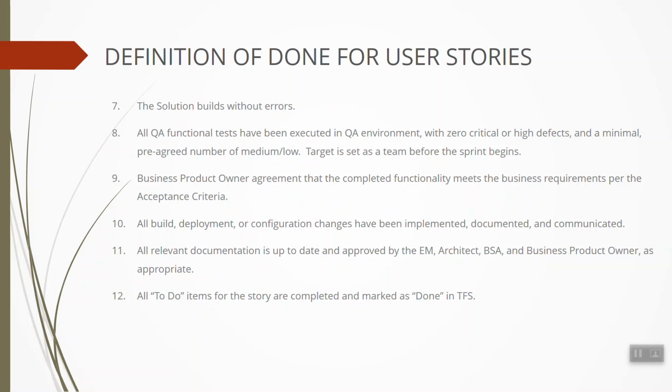All QA functional tests have been executed in the QA environment with zero critical or high-level defects and a minimal pre-agreed number of medium and low. The target is set as a team before the sprint begins. Product owner's agreement that the complete functionality meets the business requirement per the acceptance criteria.